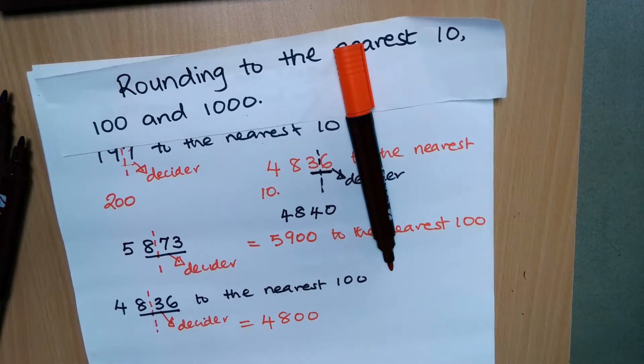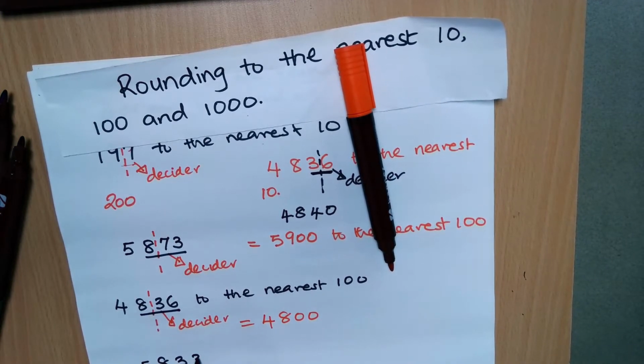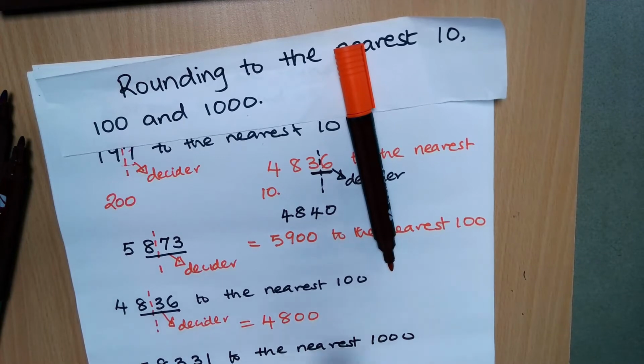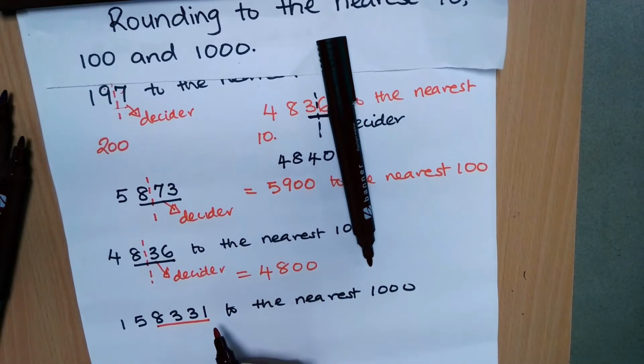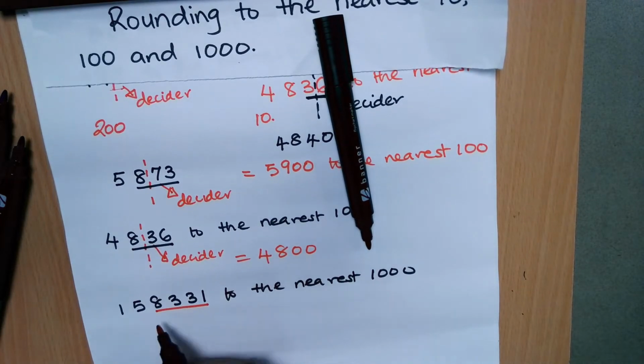So the next we're going to do will be rounding to the nearest 1,000. So we've got 158,331 to the nearest 1,000. So to the nearest 1,000, we're going to be looking at 8,331.